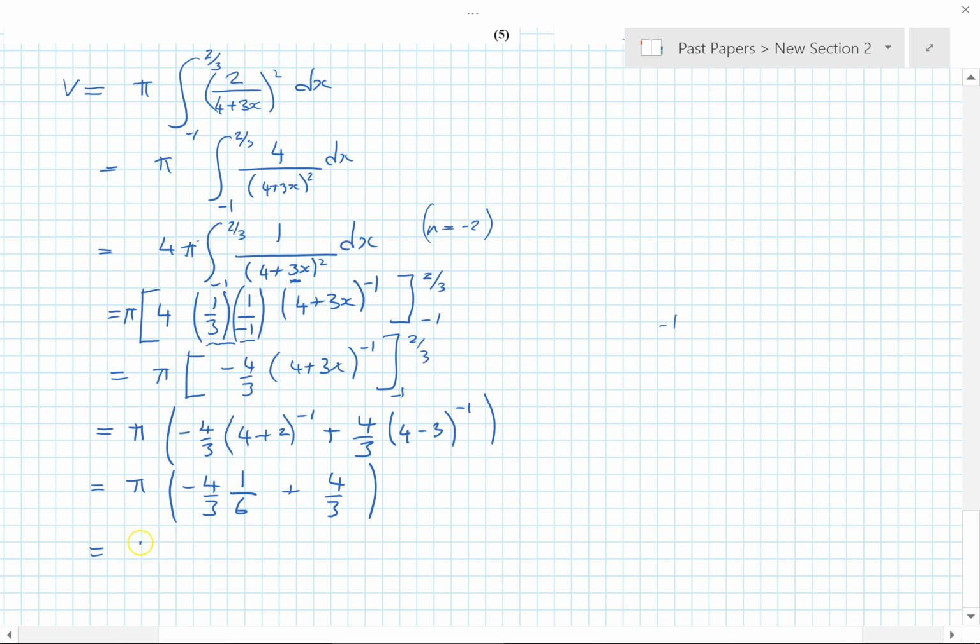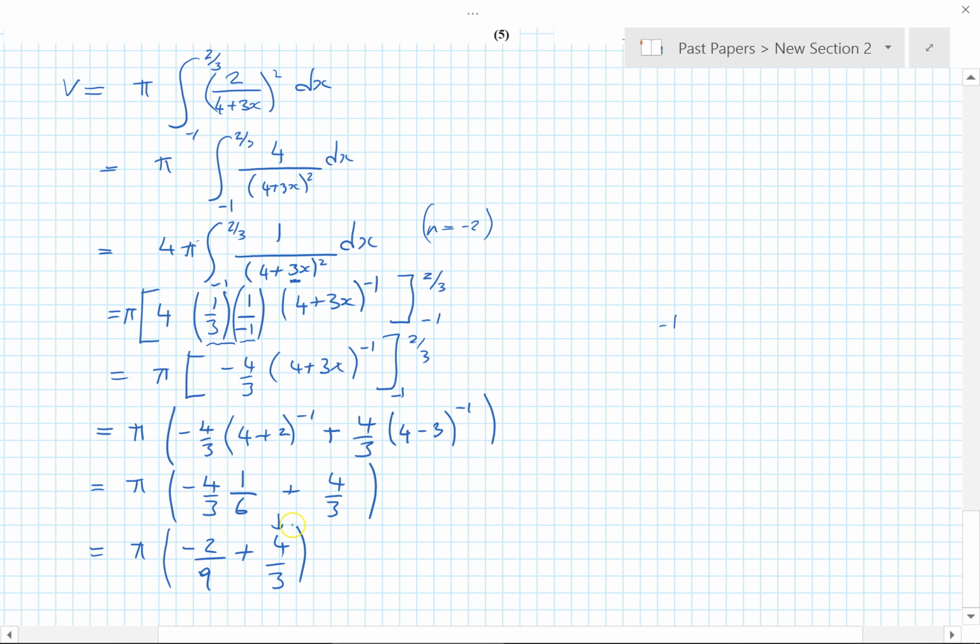So that makes this number pi times, cancel that down, that makes that pi times minus 4 over 9, minus 2 over 9, plus 4/3. Put it over a common denominator, that's 8 over 9, so that makes that equal to 10 over 9.